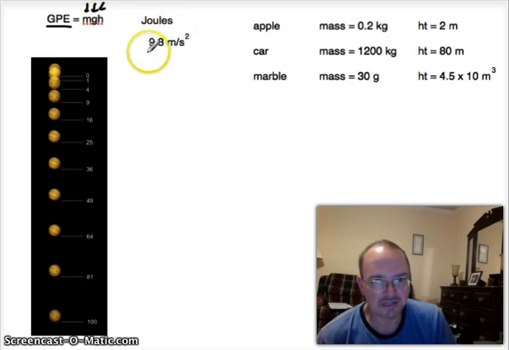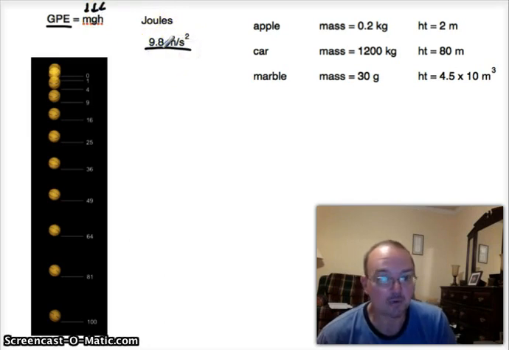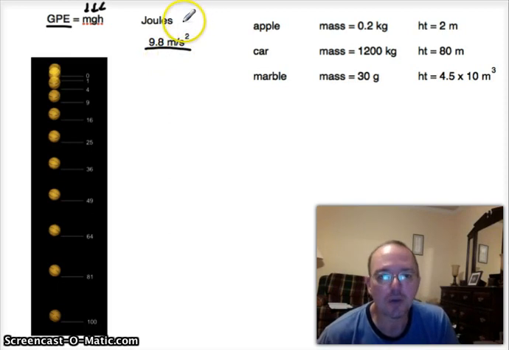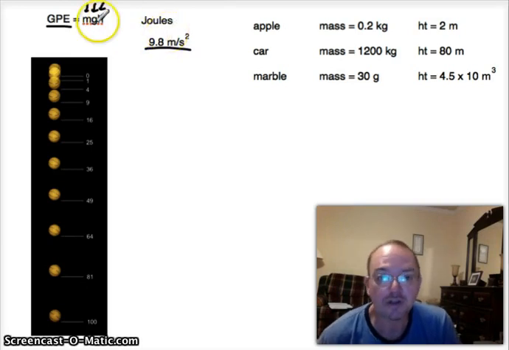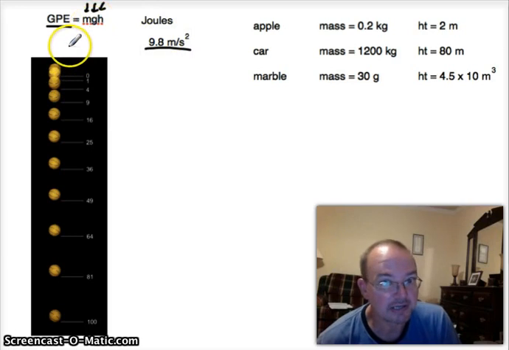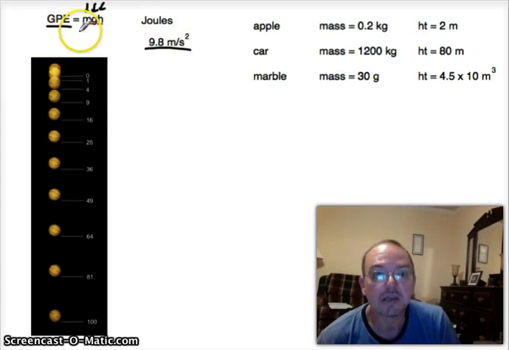Now, the gravitational acceleration has been determined on Earth at regular levels to be 9.8 meters per second squared. That's something that will be in every equation if you're on Earth. You actually have different calculations for other planets because you have different gravities there. But who's going to calculate an apple falling on a different planet? So let's see about units here.